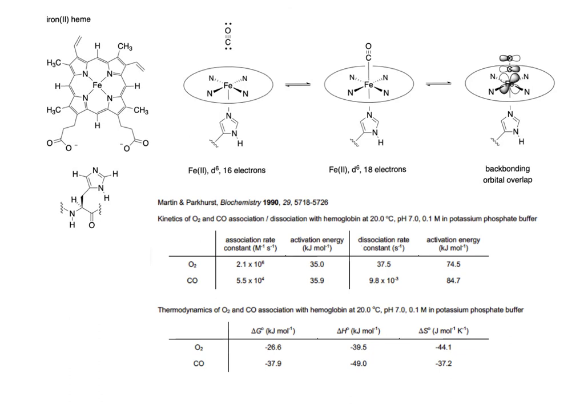The combination of kinetics and especially the thermodynamics, along with the molecular orbital explanation, shows that carbon monoxide will tie up hemoglobin so that the concentration of hemoglobin available for coordination with oxygen is diminished.